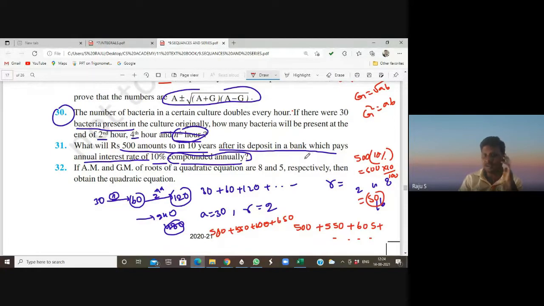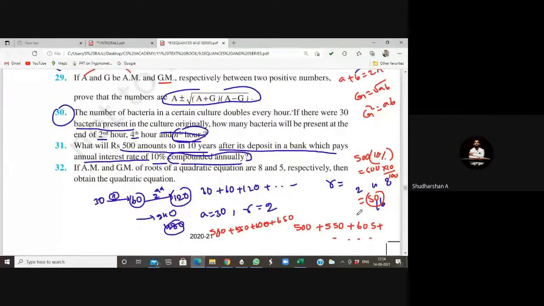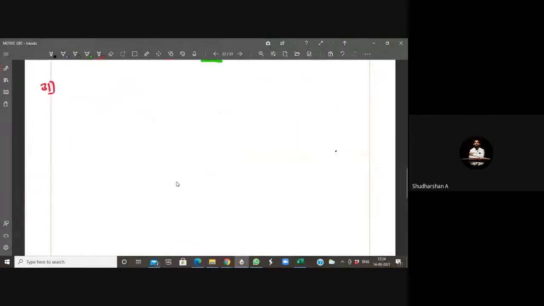They have given compound, so it must be in GP. The common ratio is 1.1.